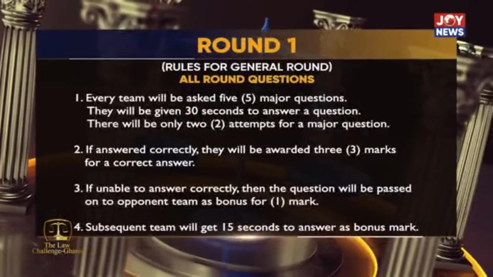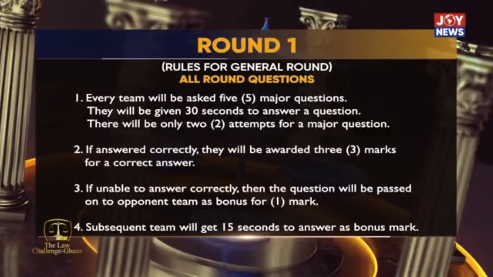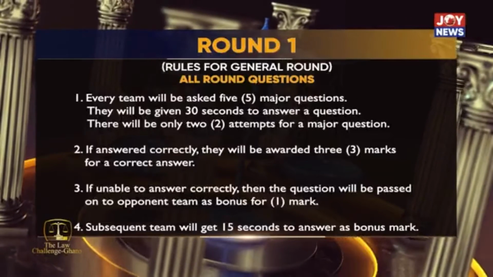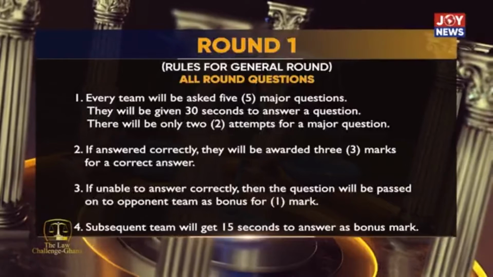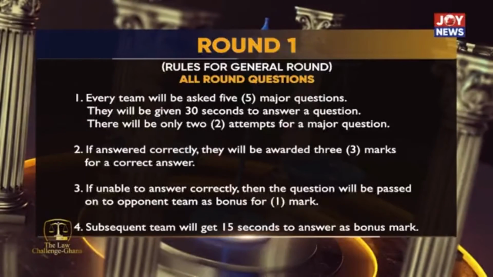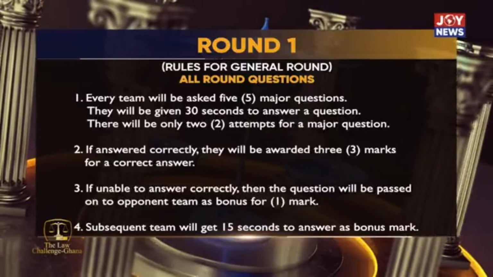Now, University of Ghana and the UPSA, get ready for the very first round of the contest. And this is the general round, where you have 5 questions and you are given 30 seconds to answer a question. There will be only 2 attempts at a major question. If you answer correctly, you will be awarded 3 points.